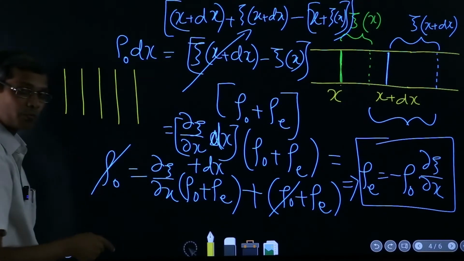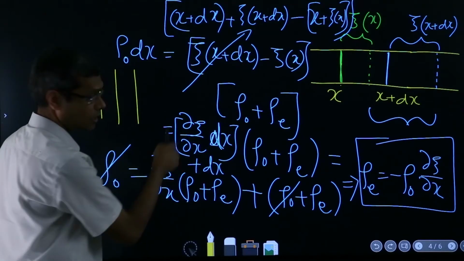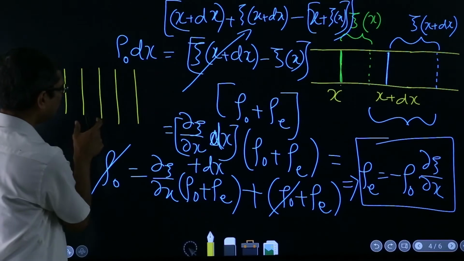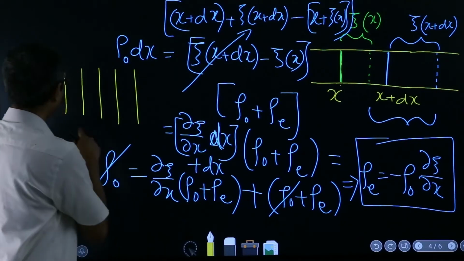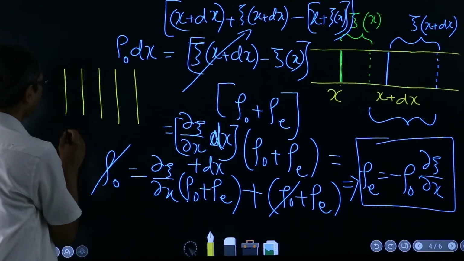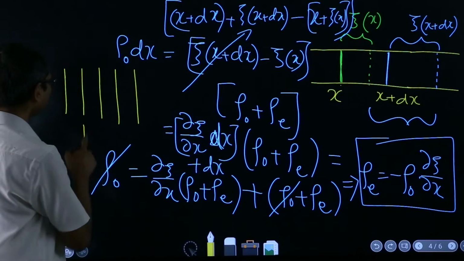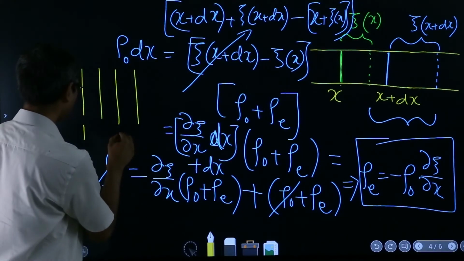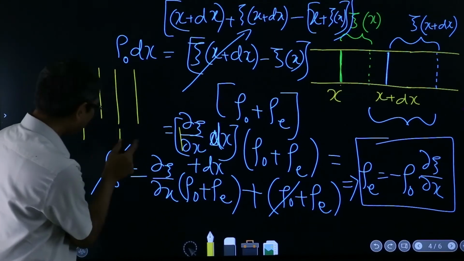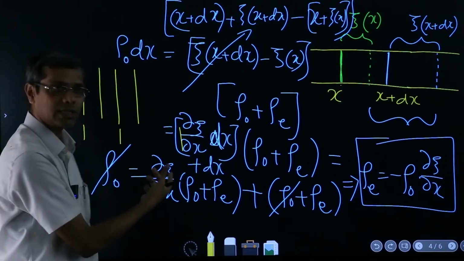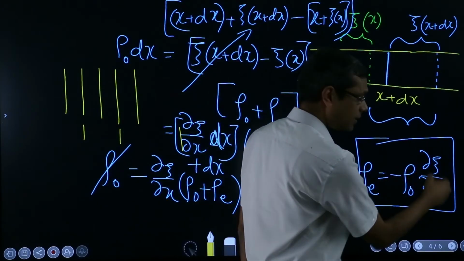If every row moved the same amount, the density won't change, obviously. But suppose the first row goes by 1 distance, second by 2, third by 3, like that, then we see that the density is changing. That is what this term is telling.